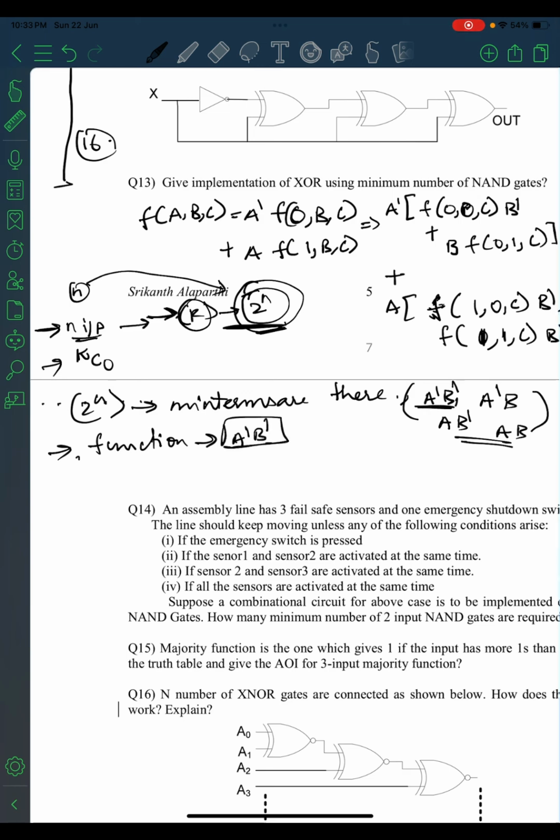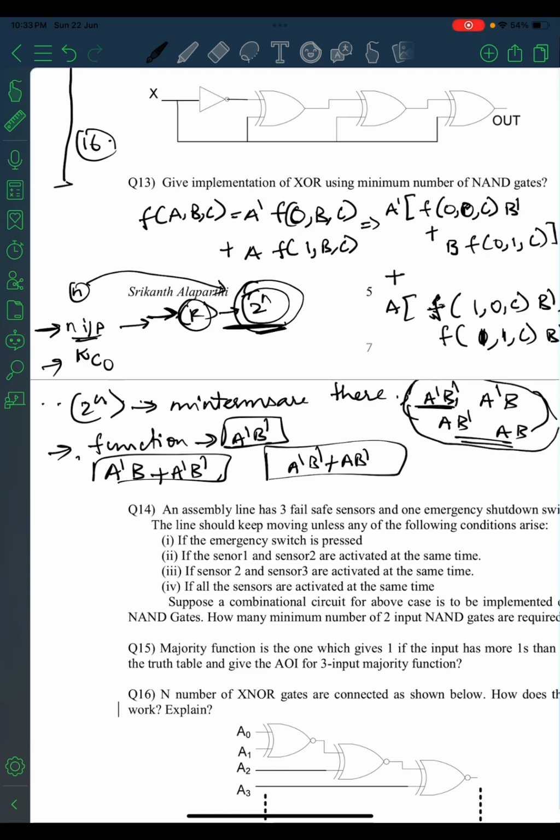This is one function, and a' b plus a' b' is another function, and a' b' plus a b' is another function. So if you look into this, all the possible combinations of the available minterms will define a unique function.